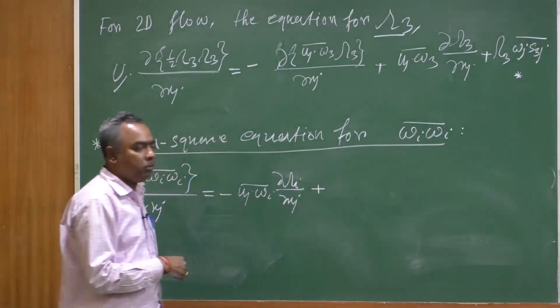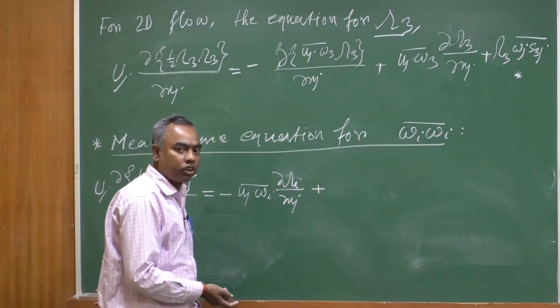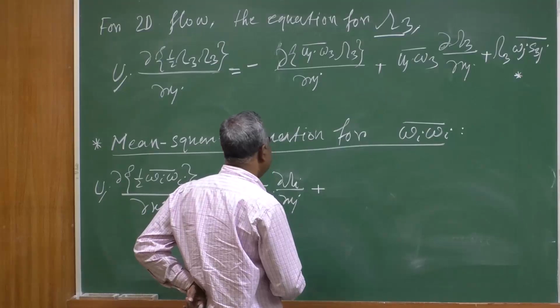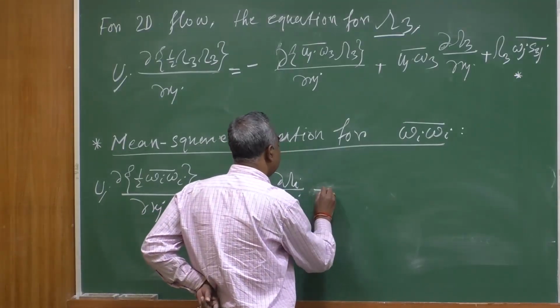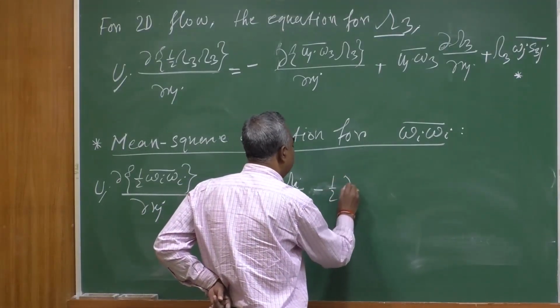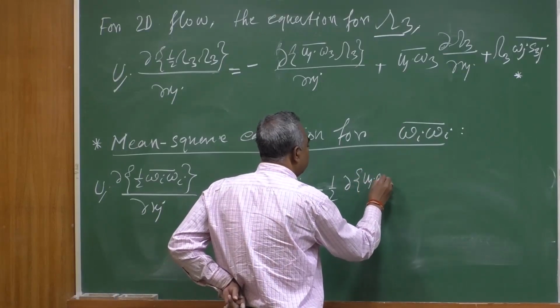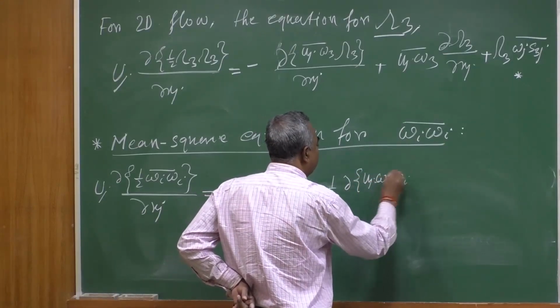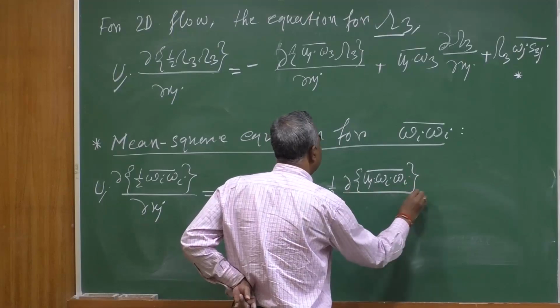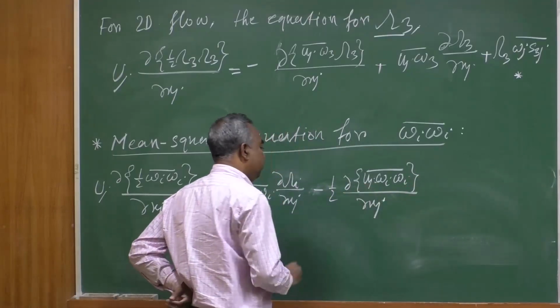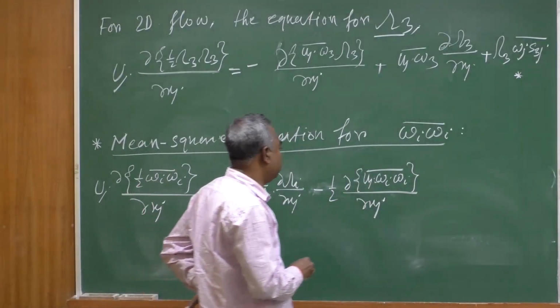This term is found with opposite sign in the mean entropy equation as well. So, then half del u_j omega_i bar del x_j, this is what you are going to get.